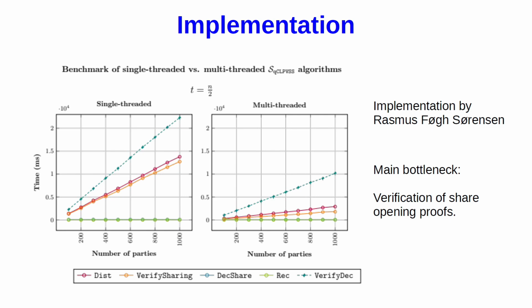If we have a supermajority, if we have only 1/3 of the parties being corrupted, one wouldn't need to do these opening proofs, because one could use error correction to reconstruct the secret even in the presence of wrong shares. So it is only for the case where t is larger than n/3 that we need to do these share opening proofs. So it's a bottleneck, but it is not so bad.